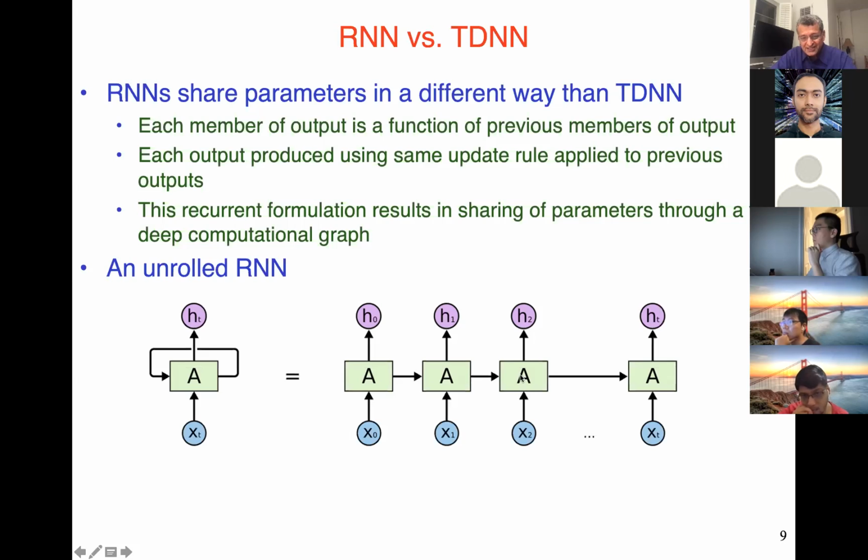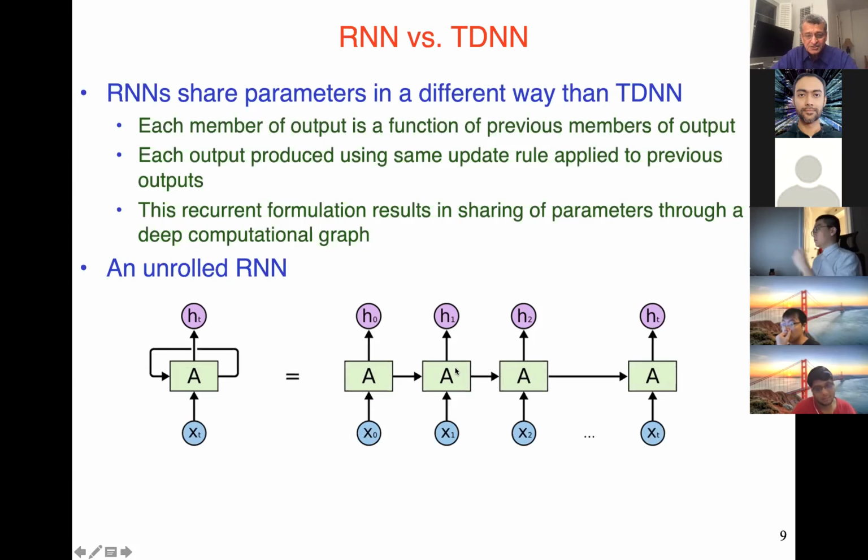So in a sense, it's a recurrent formulation. The same computation is used again and again. This computation is recurrent. We say that what was computed at the previous step, it is the same computation, except the value generated by the previous step is being used. So that's why it's called a recurrent network.